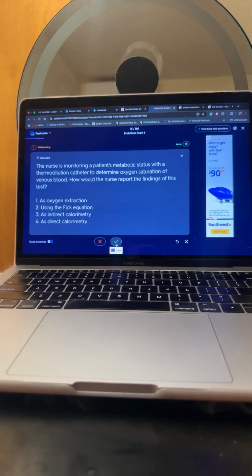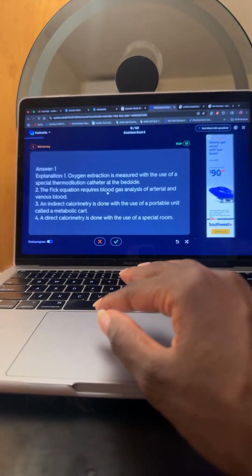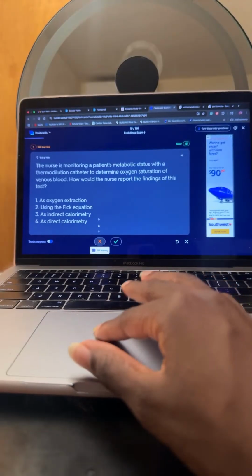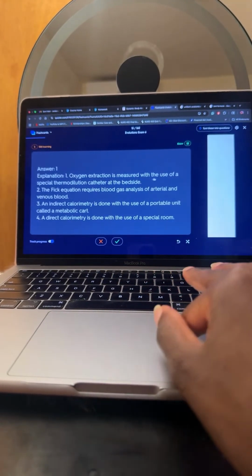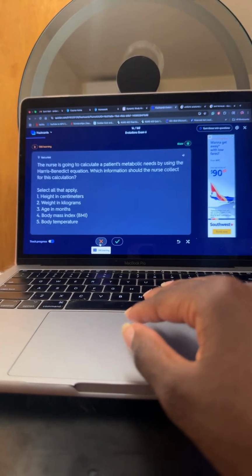I've never even heard of this. Is it 4? It's 1. Oxygen extraction. Oh, okay. Oxygen extraction is measured with the use of a special catheter.